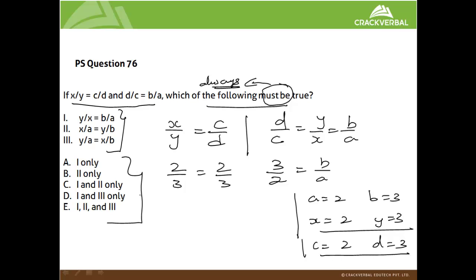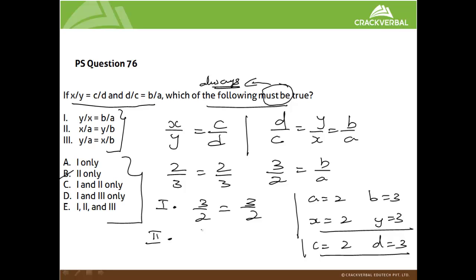So let's start substituting in the statements. Statement 1: y by x, that is 3 by 2, is equivalent to b by a, 3 by 2. Yes, it is, of course. Now, if statement 1 is true, we can eliminate answer choice B only, since all the other answer choices have 1 in them.